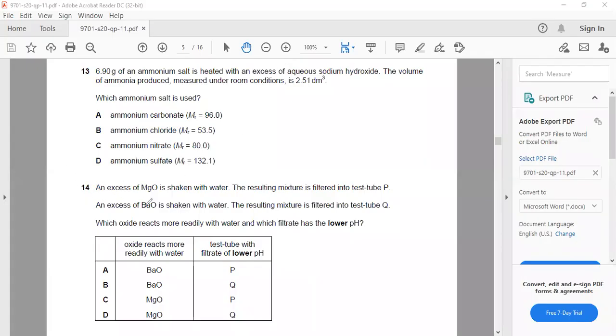Okay, number 14. MgO is slightly soluble in water. Keep in mind, slightly. Solubility of oxides of group 2 increases down the group. So barium oxide is soluble.